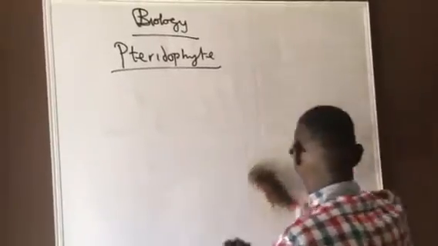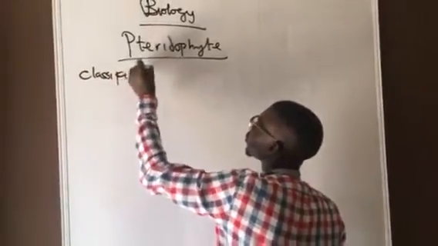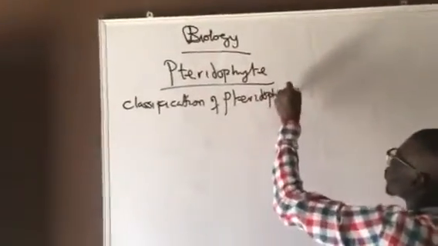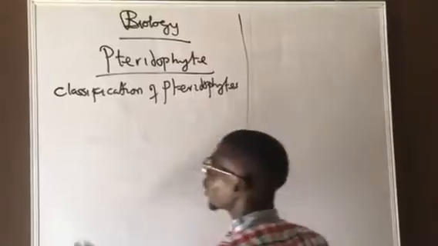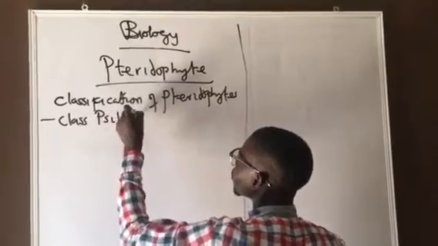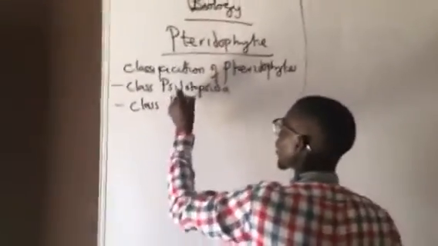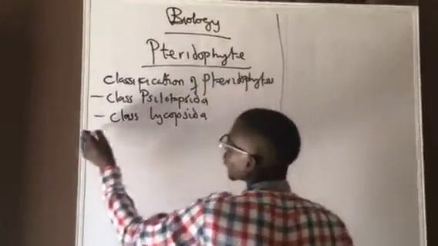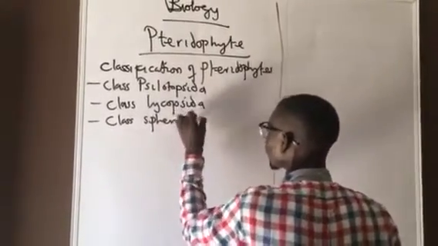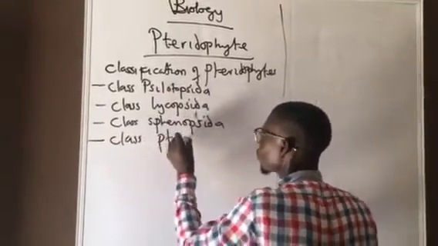Basically there are four main groups of pteridophytes. We have class Psilotopsida, class Lycopsida, class Sphenopsida, and the last class, Pteropsida.